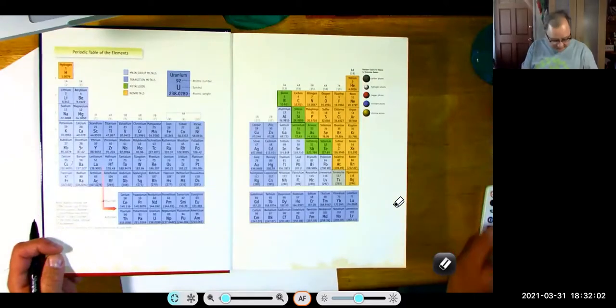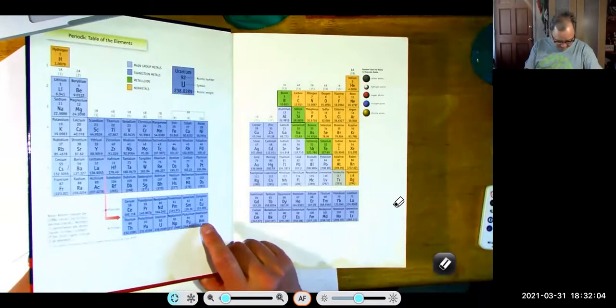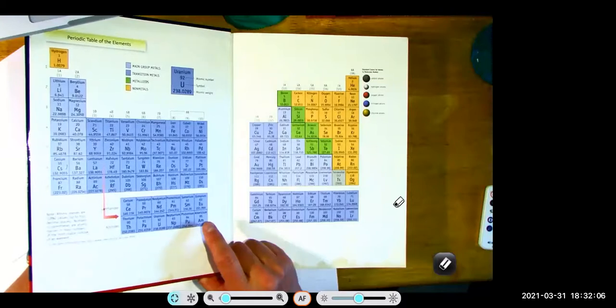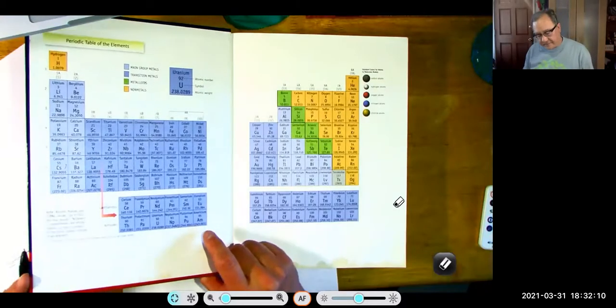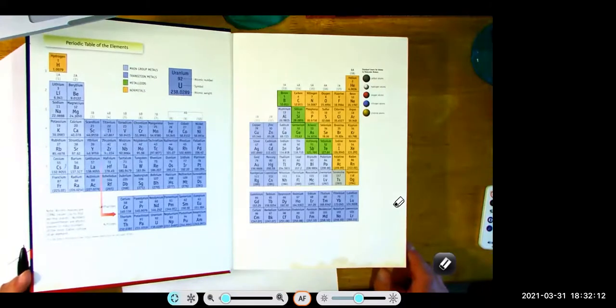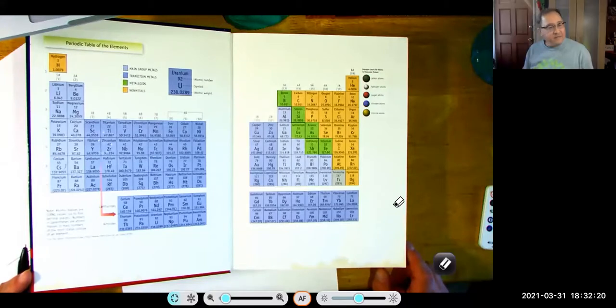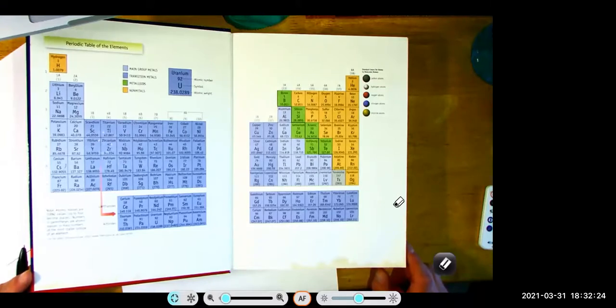Okay, radon, 7s2, 5d1. How do you know it's 5d1? Because we're not going past that. We need to jump down.